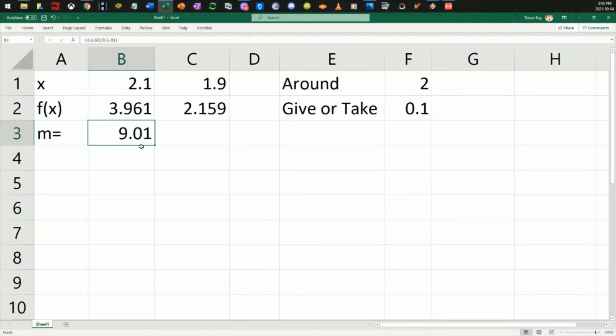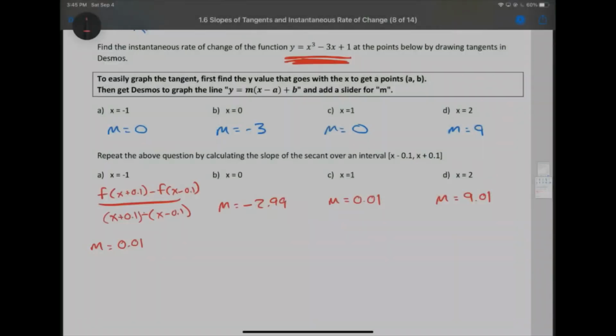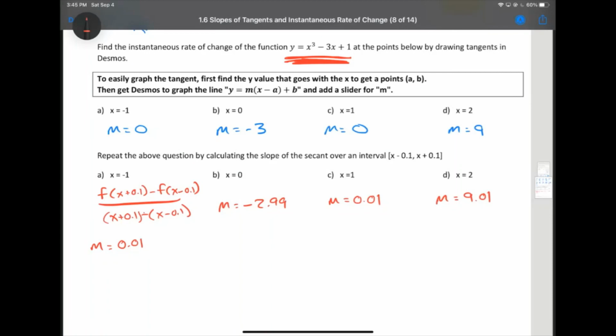So now that I've gotten that far, let's just go back and compare that. I've written down the answers there, by the way. Compare that to what we got using the picture method. And yeah, 0.01 is pretty close to 0. Negative 2.99, negative 3, 0.010, and 9.019.